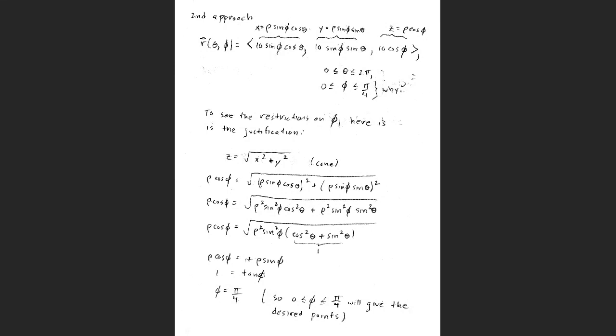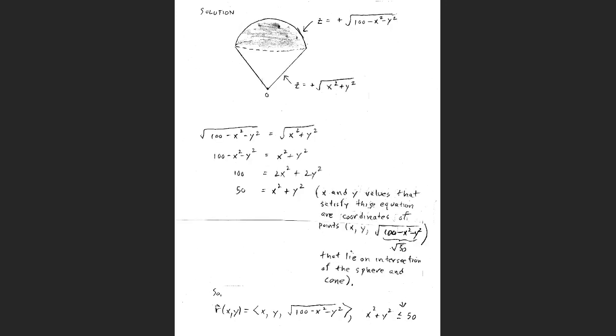So to get the restrictions on phi, we recognize that phi is going to be measured from 0 degrees all the way down to the, I'm not saying this the right way.